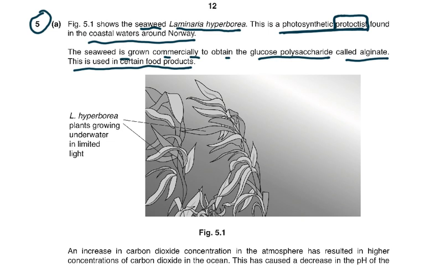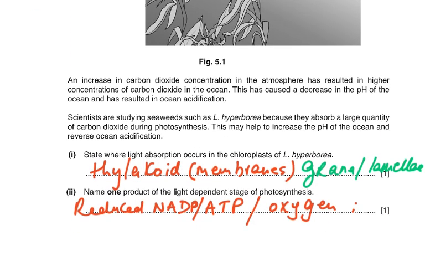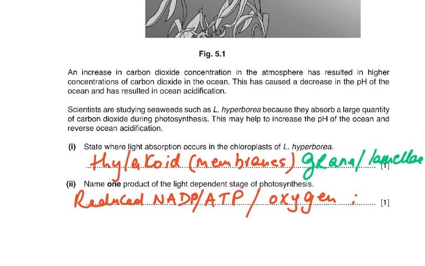Now they've given you the picture of Laminaria hyperborea, plants growing underwater in limited light, Figure 5.1. An increase in carbon dioxide concentration in the atmosphere has resulted in higher concentrations of carbon dioxide in the ocean.